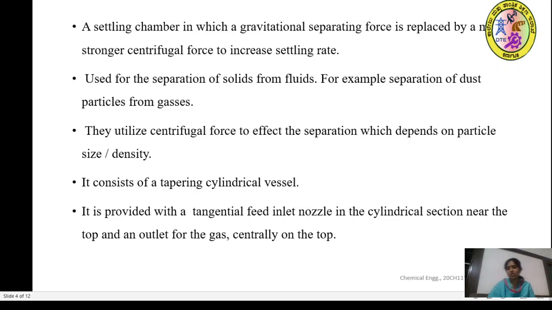Usually in a sedimentation process or the thickener process, the separation of the solids from the fluid is by the simple gravitational separating force. But in order to increase the settling rate, you can replace the gravitational separating force by the much stronger force called the centrifugal force.